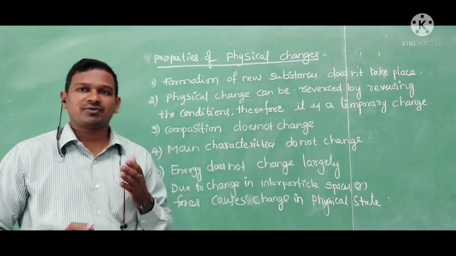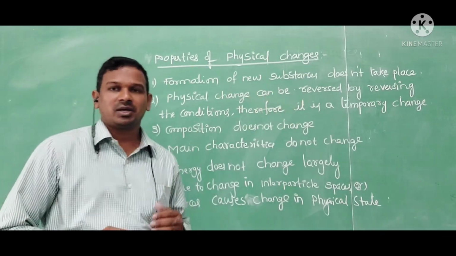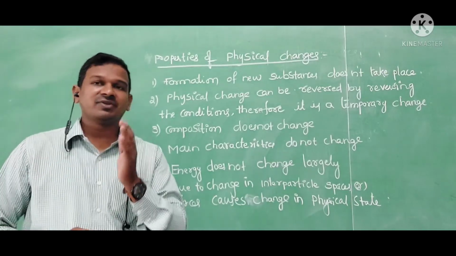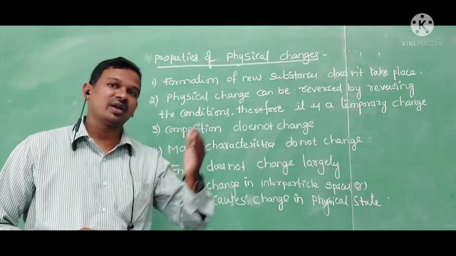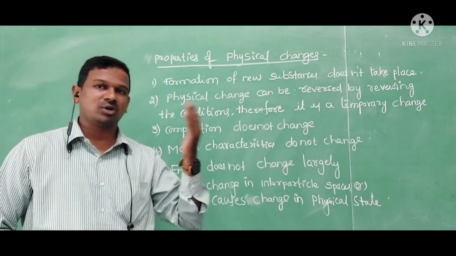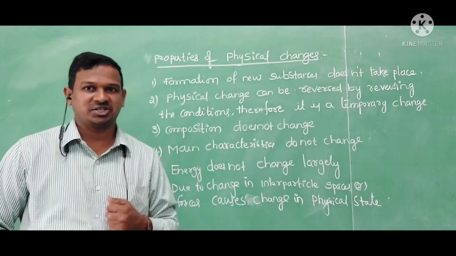With the example of ice to water, water to vapor, we discussed it. Just for a while the physical state will be changed. We can get back its original shape by following some reversibility processes. So we can call this a temporary change.